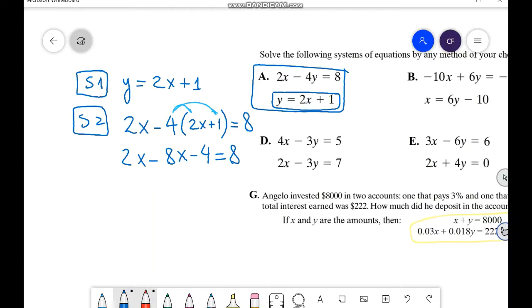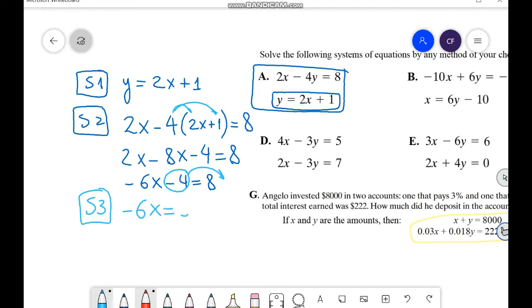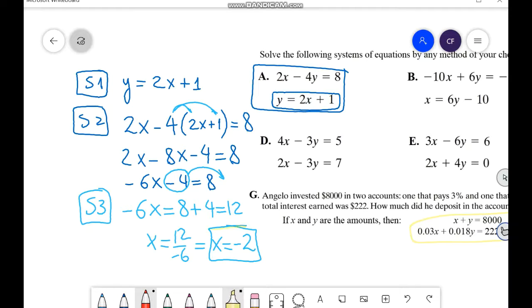Combine like terms, because we have 2x minus 8x is -6x, minus 4 equals 8. And step number 3, solution. Let's find the solution. When you move -4 to the other side, it's going to be +4. -6x equals 8 plus 4 is 12. So x equals 12 divided by -6. So x equals -2. Okay, -2.